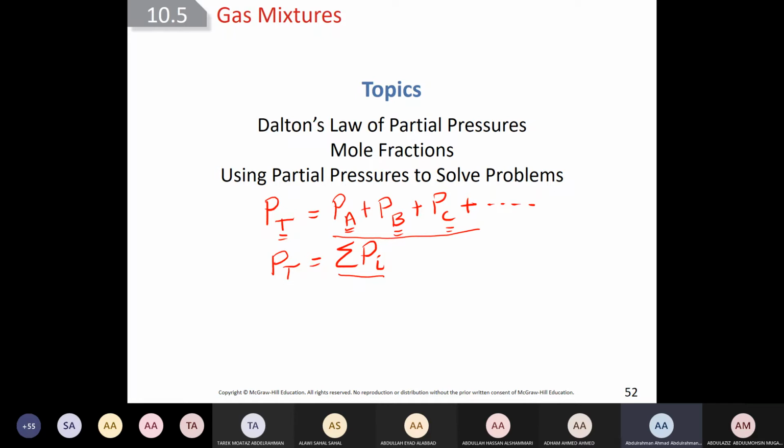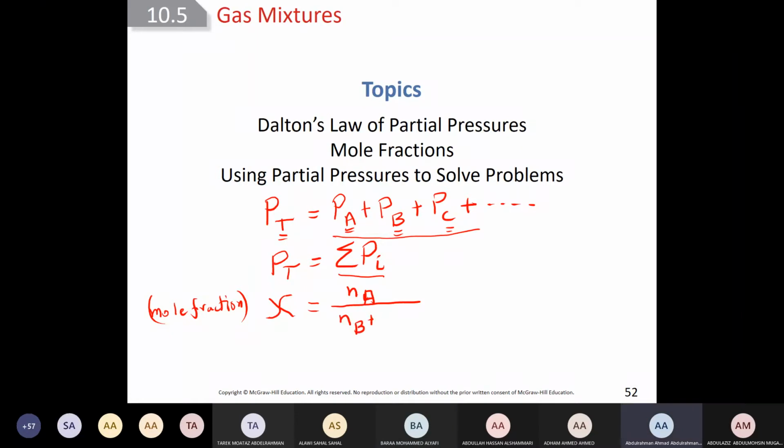All right. Then we have another definition. What is this letter? Molar fraction. Yes, you have to know this. It's mole fraction. What do you mean by mole fraction? The ratio between moles of I or A divided by number of moles of what?